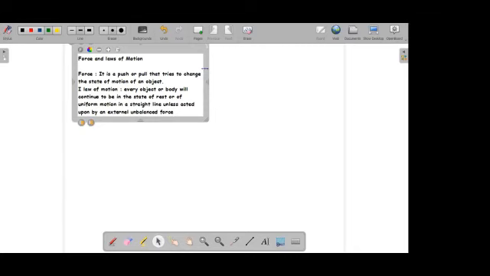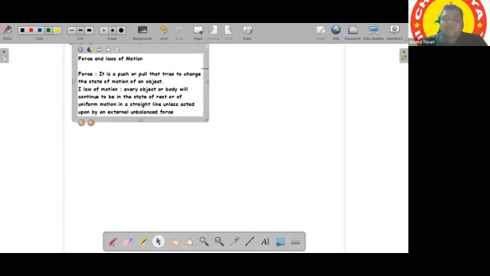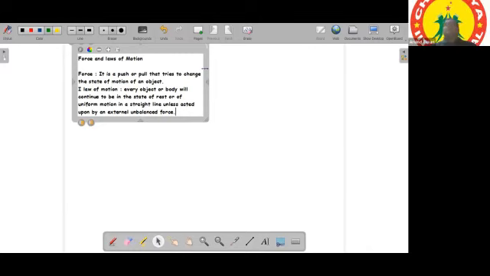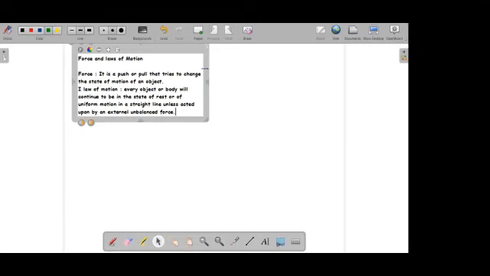So you are applying an internal force to the bus. Can it bring about any change in the state of motion? Sir, is the internal force greater than the external force? See, the internal forces cannot bring about any change in the state of motion. You can't push a bus while you are on the bus. To push a bus, you have to get down from the bus.